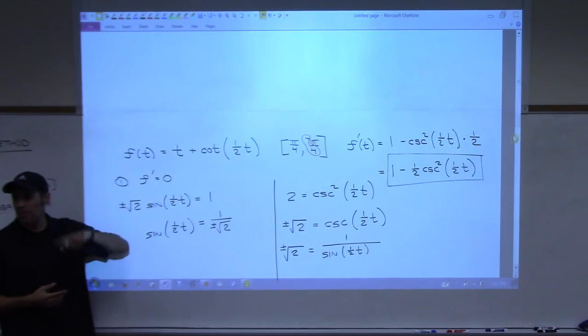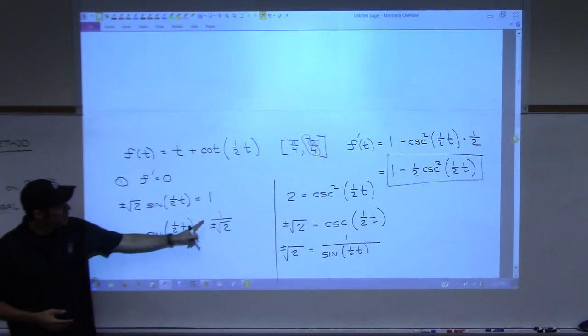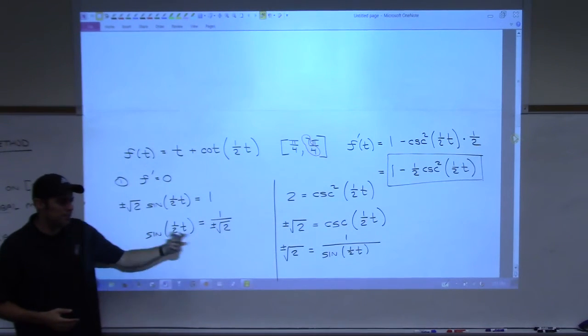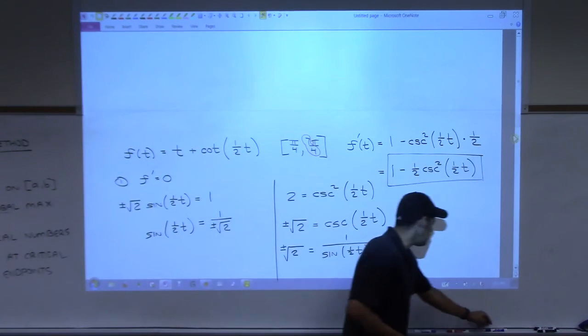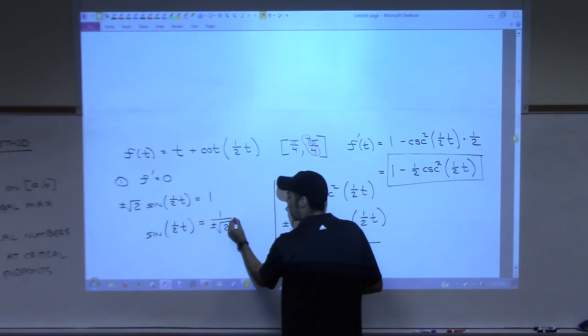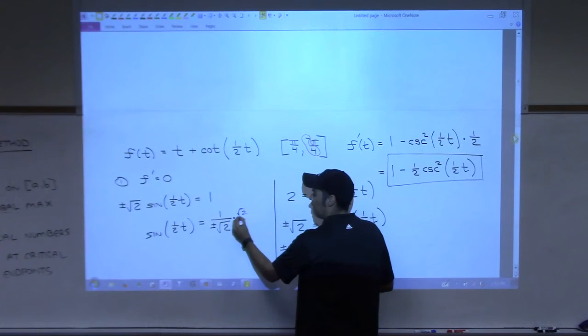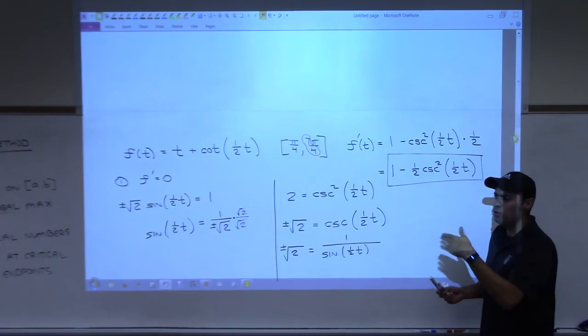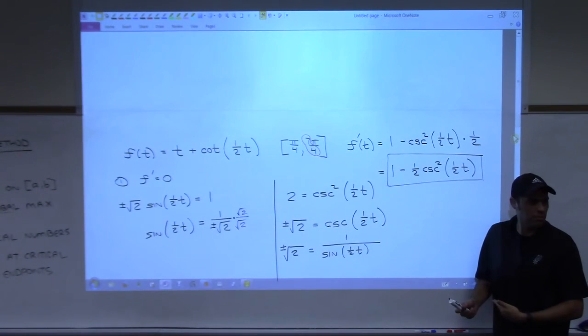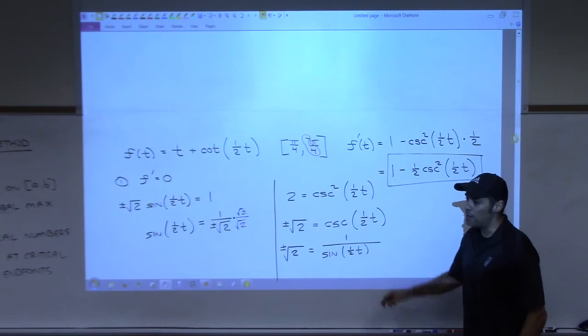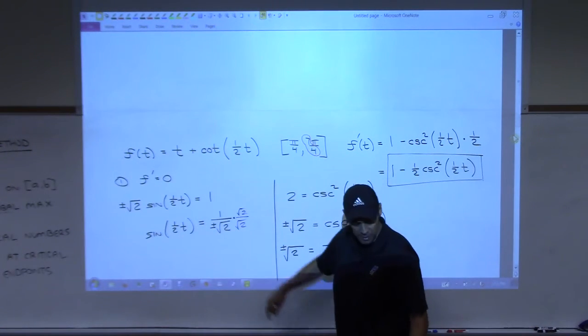Yeah, 1 over root 2, if we rationalize it, that means multiply the top and bottom by root 2. Then it becomes root 2 over 2. And we'll add plus or minus, because that plus or minus is just going to follow us the rest of the way.